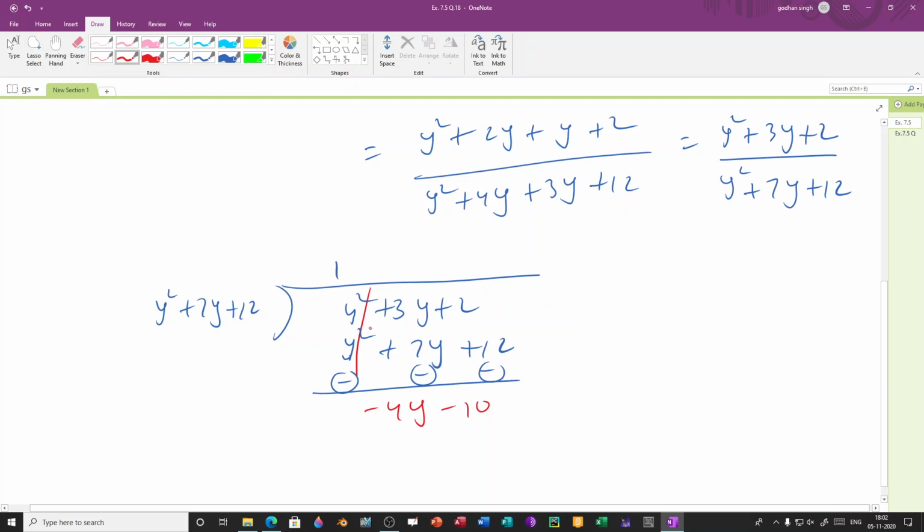Why is it complete? Because the degree of the divisor is 2, and the expression we are getting here has degree 1. So that means this is our remainder and the division is complete.